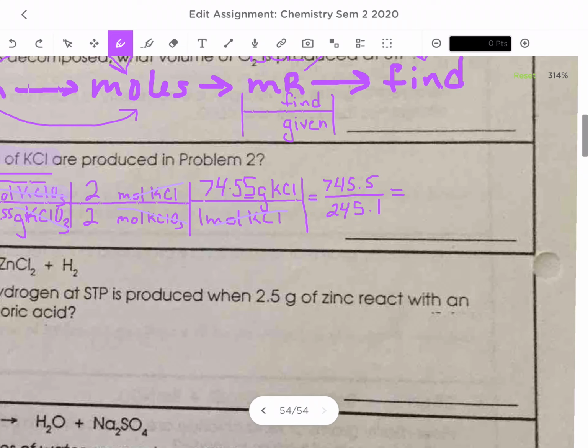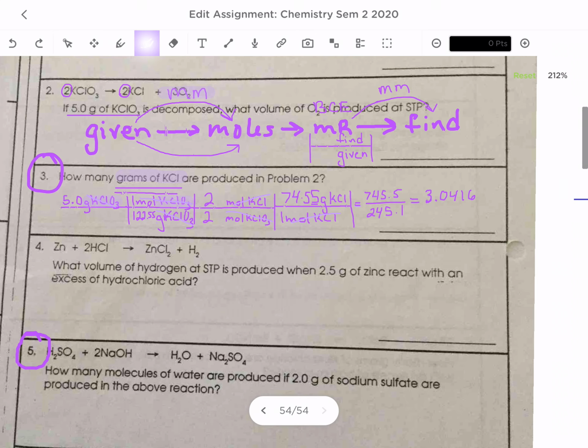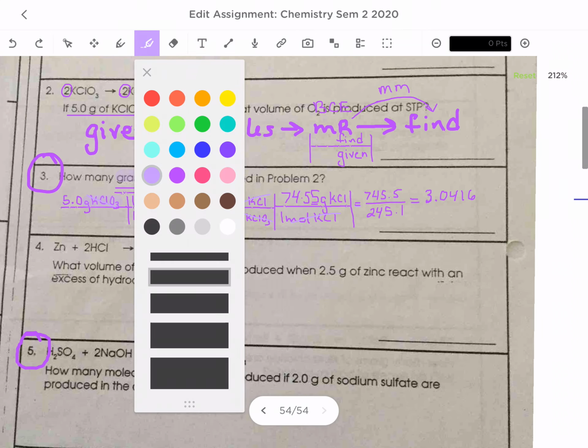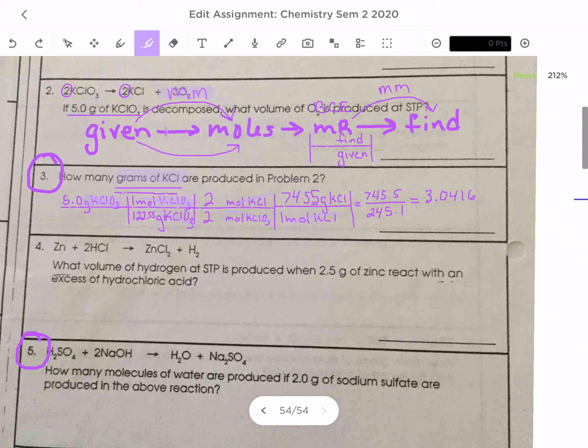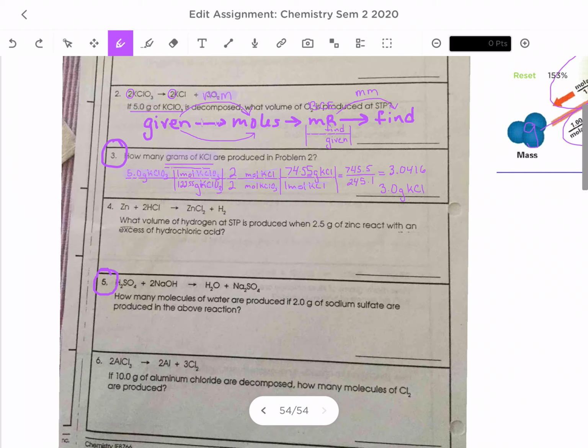So that equals, now I'm going to divide 745.5 by 245.1, and that gives me 3.0416 and so on. So we go back and look at our very first number here, and that is 5.0. So we can only have 2 significant figures, so my answer is 3.0 grams of KCl. So that was the work on that problem.